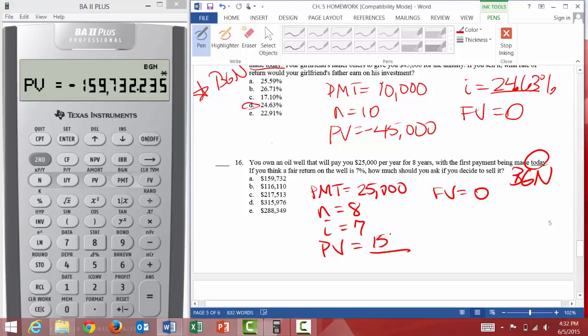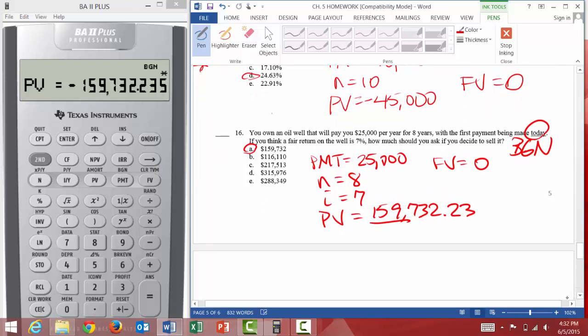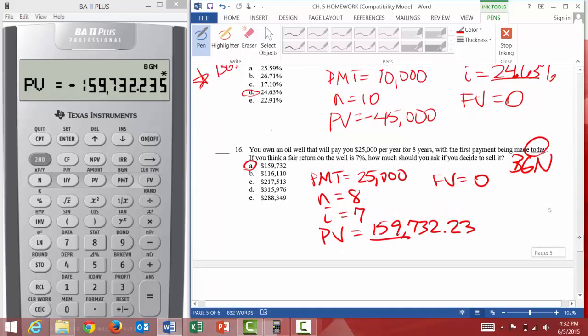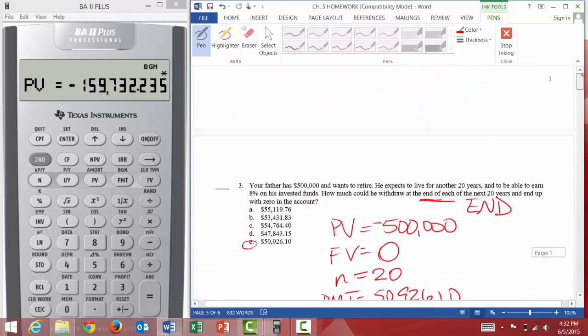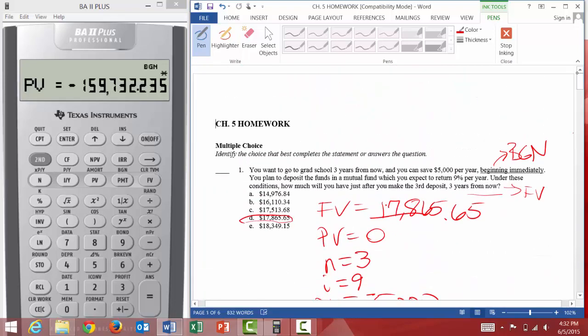So $159,732.23, but it looks like they rounded. So answer A. So that would be a pretty good deal. And that was the end of these extra problems that we could work on for Chapter 5.